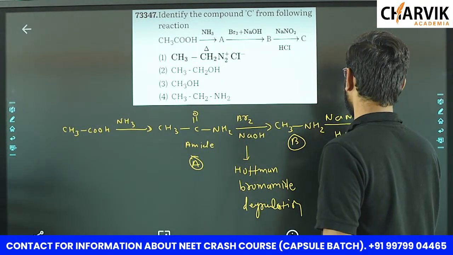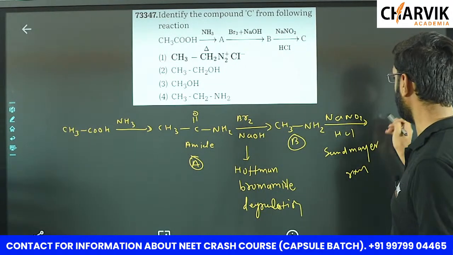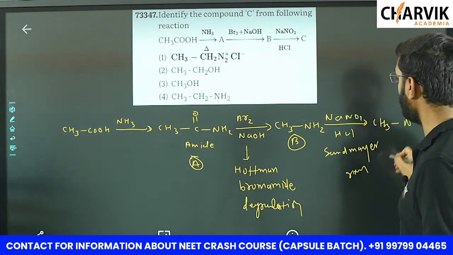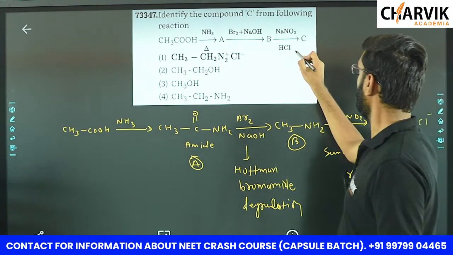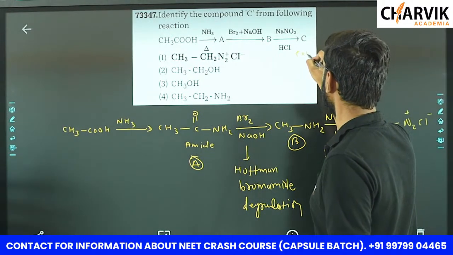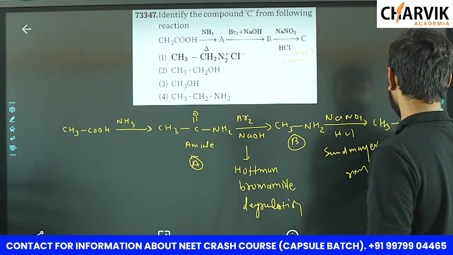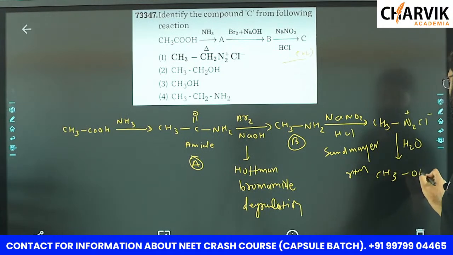Sandmeyer reaction. In case of this reaction, product is diazonium salt, N2 plus Cl minus. Here, aqueous solution of HCl must be taken and after hydrolysis you will get CH3OH.